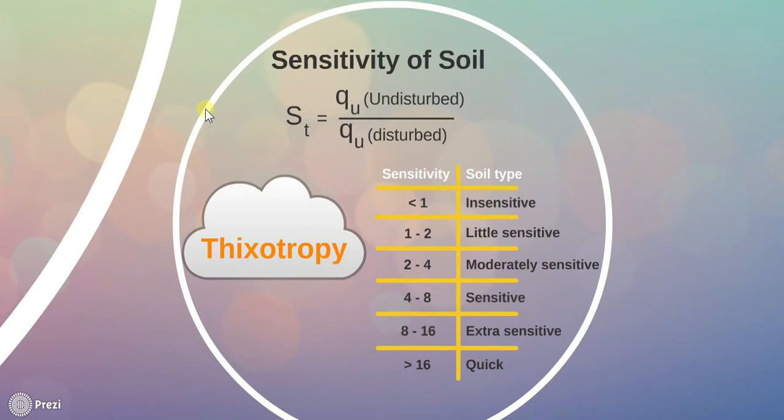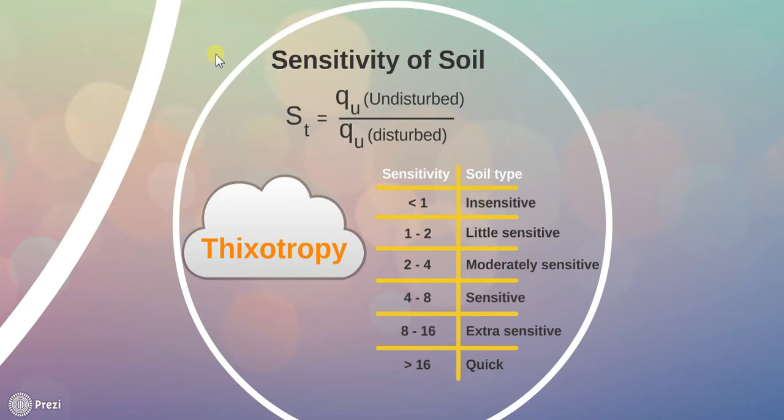Sensitivity of soil. It is observed that cohesive soils, upon remodeling, lose a part of their strength. The loss in strength upon remodeling is attributed partly to the breaking down of the original soil structure and partly to the disturbance caused to water molecules in the adsorbed layer of soil.